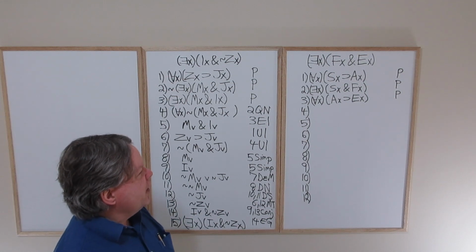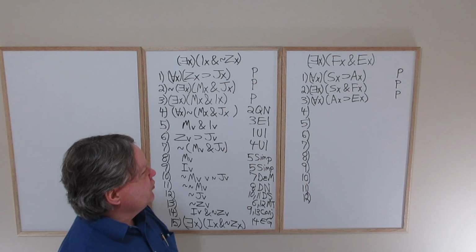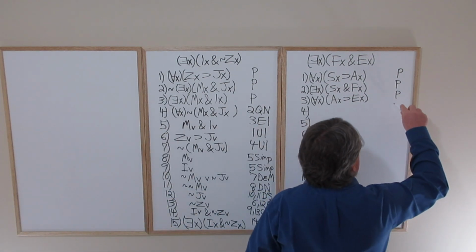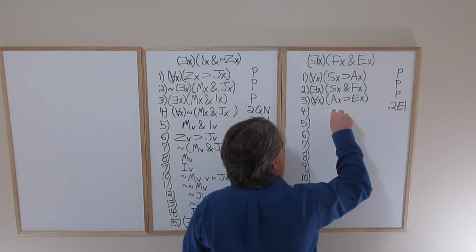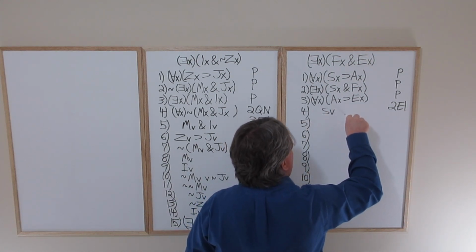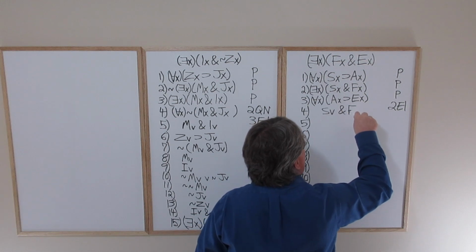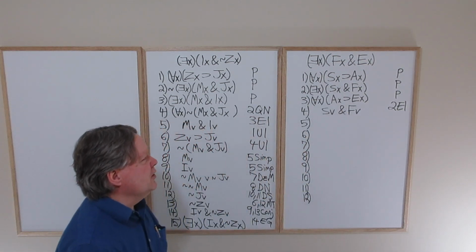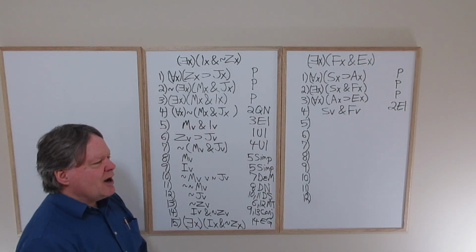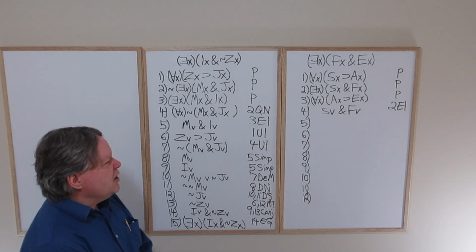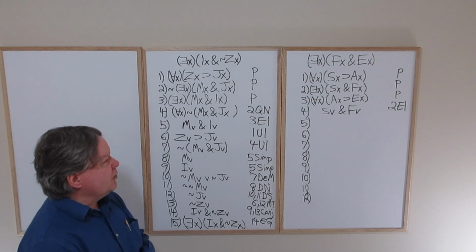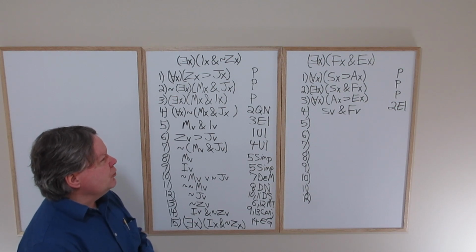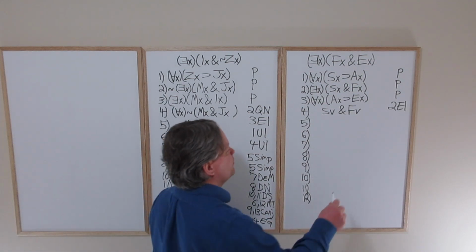So, there's at least one X such that X is a screen star and a feminist. 2, EI. Unspecified V is a screen star and unspecified V is a feminist. Now that we've got the dequantification involving the rule with restrictions out of the way, we can do in any order 1 UI, 3 UI.